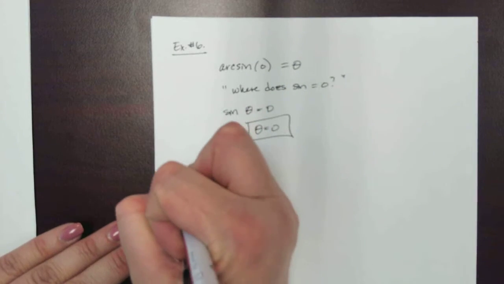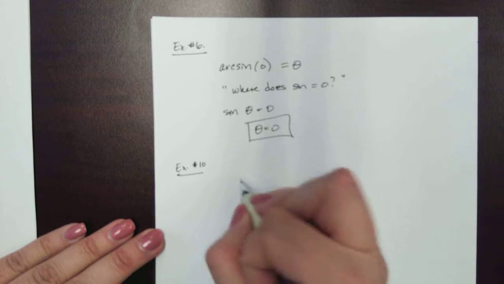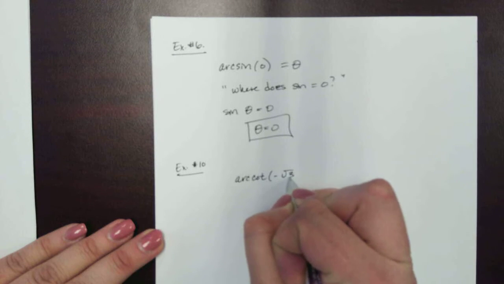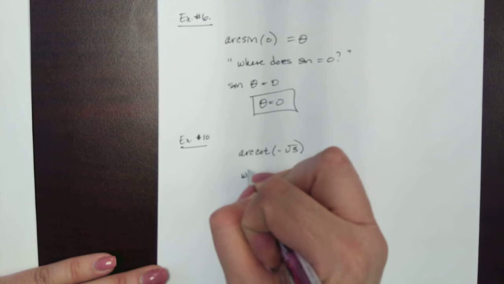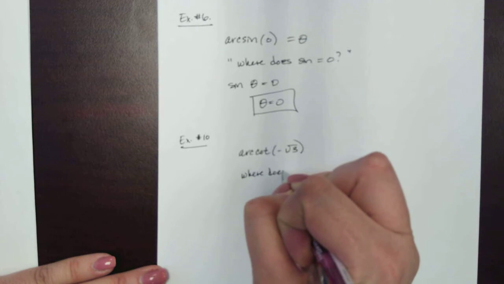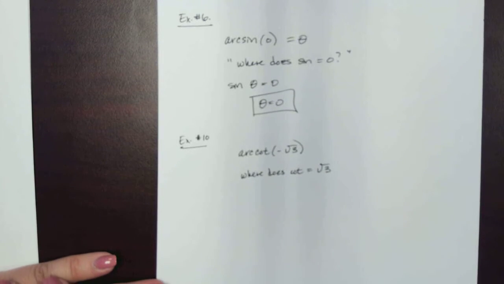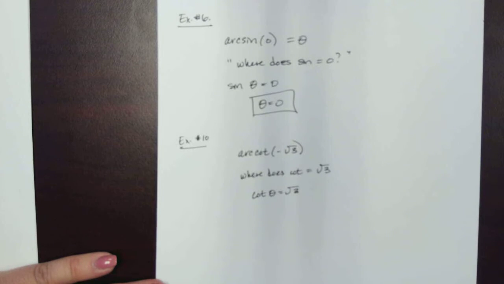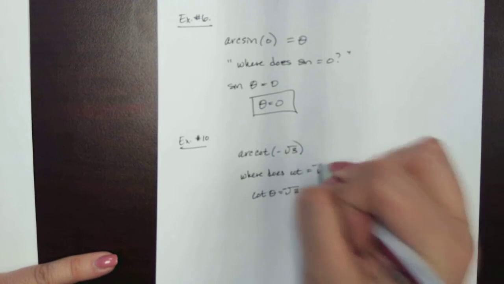Let's do another one. Example number 10. Same exact instructions. It gives us arccotangent of negative square root 3. So this is asking where does cotangent equal negative square root 3? Cotangent theta equals negative square root 3.